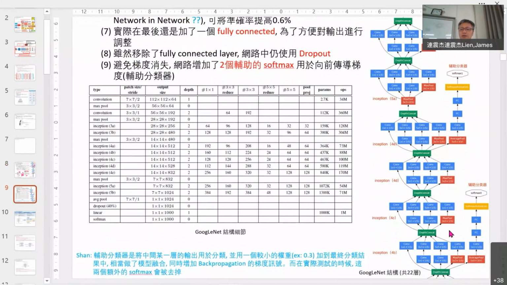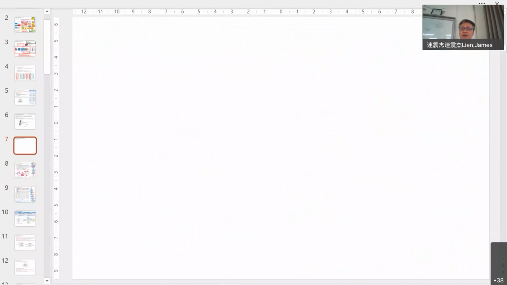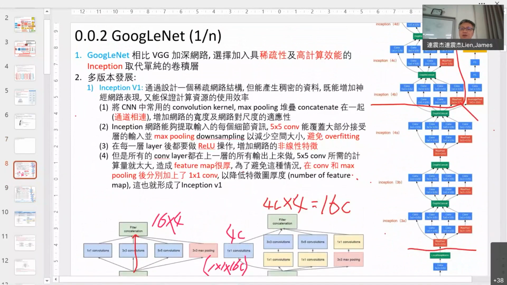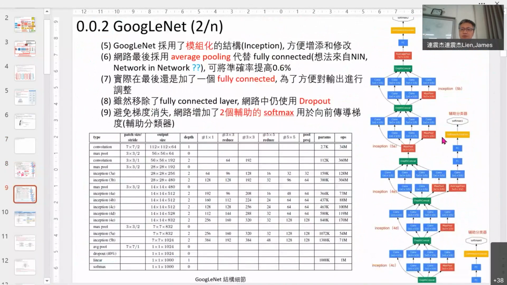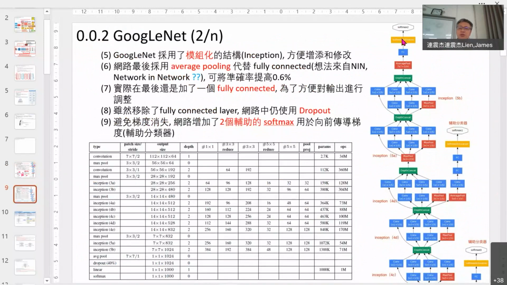Here's one. Okay, so from here, sorry. So here is from here, this one, and up and continue to here. So one up, 1, 2, 3. So total of 3. So the inception, sorry, GoogleNet has 3.